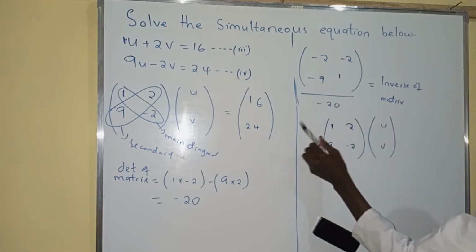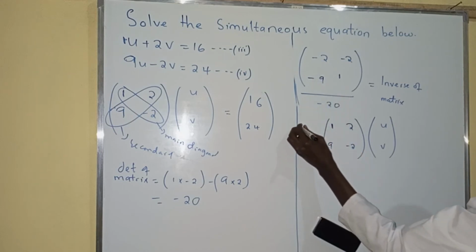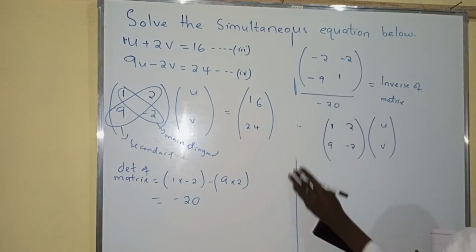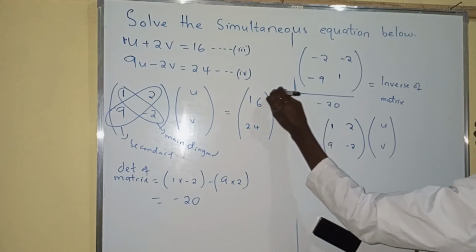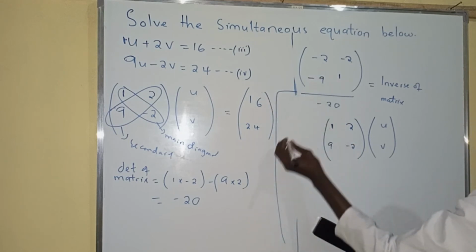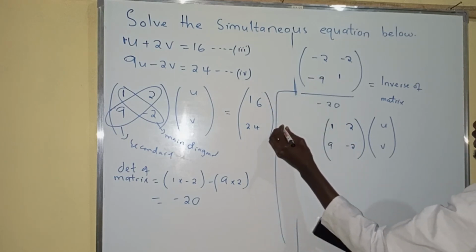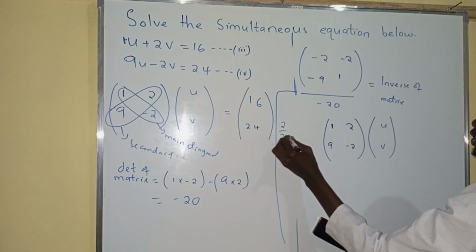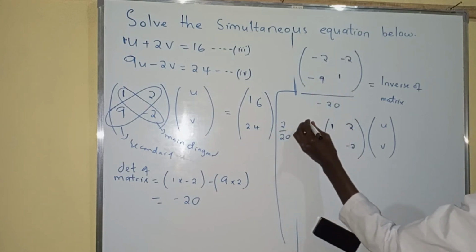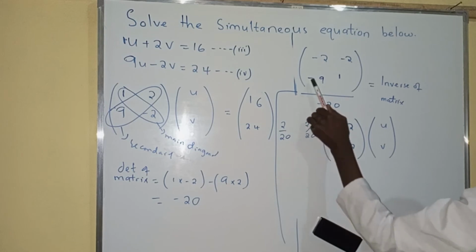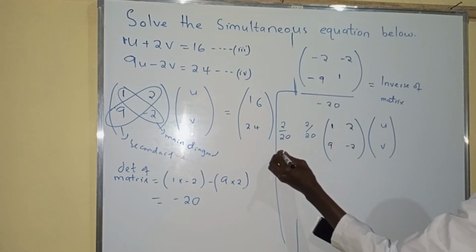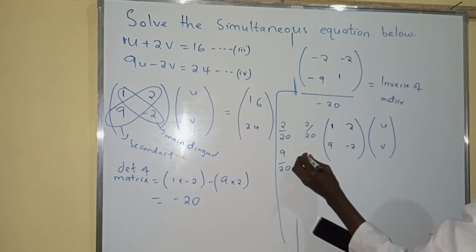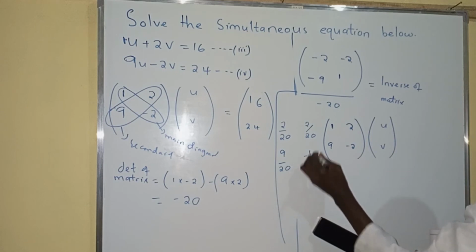Then you multiply by the inverse. This becomes negative 2 over negative 20, that is 2 over 20. This again becomes 2 over 20. This becomes 9 over 20, and negative 1 over 20.